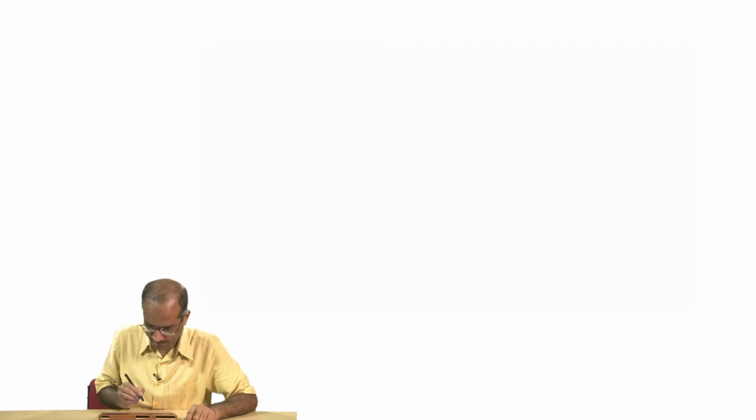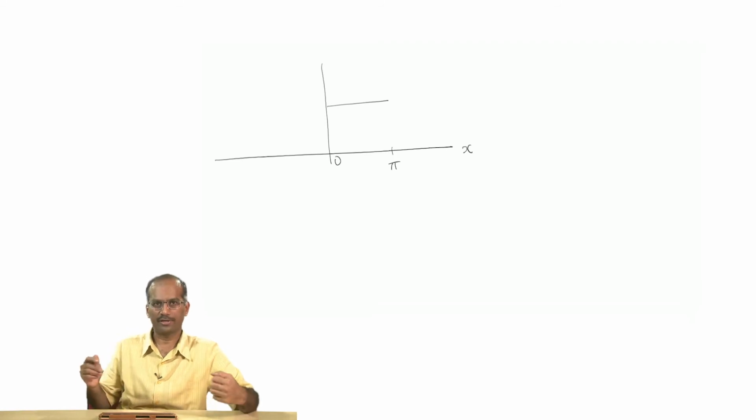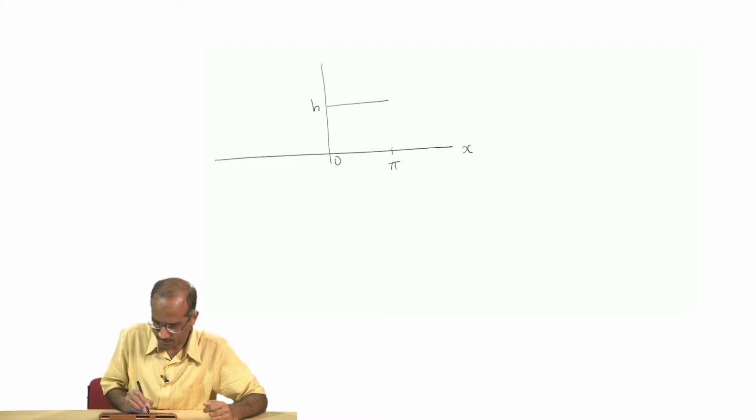Let us go back to the problem that we did in one of the earlier lectures. That was the problem of the square wave. Between the values of x lying between 0 and pi, the square wave had value h, and between minus pi and 0 the function was minus h.